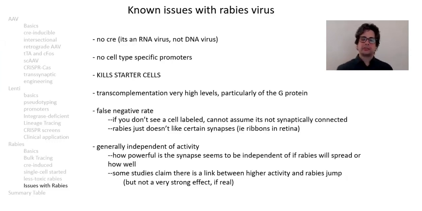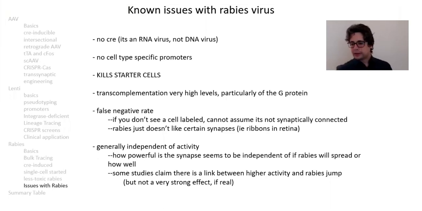This has been questioned by a few recent studies that found that, with some cocaine addiction treatments or others, you can seem to see a difference in the rabies jump, but I think those effects are not particularly robust, and I'm not entirely sure they go beyond the difference in batch you see when you often do these rabies experiments. And these two often really limit your ability to see the circuit in an unbiased way that actually reflects underlying physiology, which very clearly rabies seems not to do.